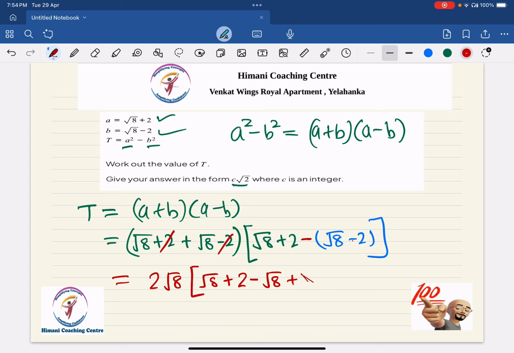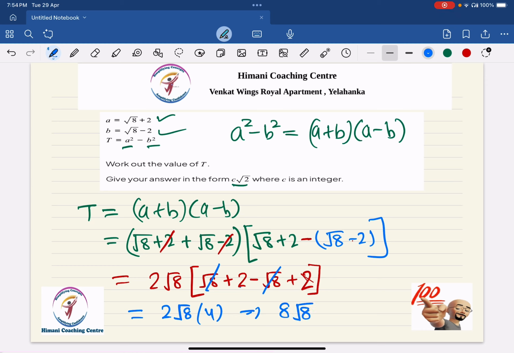So this is plus 2. Okay. Now what will happen? We can see that root 8 and minus root 8 cut each other. 2 plus 2 is a 4. Okay. So we are getting 2 root 8 times 4, which gives us 8 root 8.